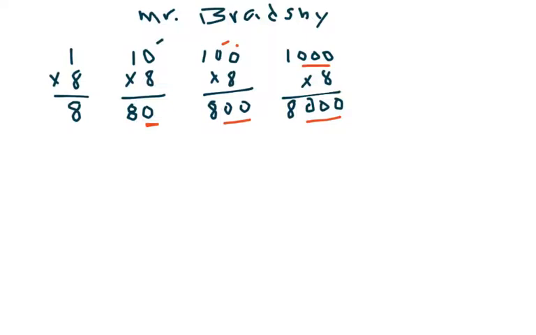For example, suppose we have the problem 2,437 multiplied by 4. Okay? One way to do this problem is the expanded or place value form, which shows us that this is 2,000 plus the next place value, that's 400, right?